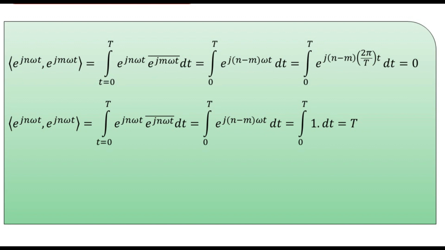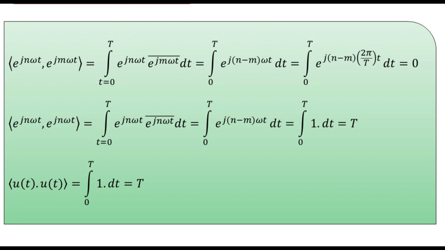So this will become integral 0 to capital T 1 into dt, and this integration will be left with the value capital T, the complete time period here. Next to that, we have the use of the step function. Thereupon it will be the integral 0 to capital T for 1 into dt, leading to the value capital T. So as we are not obtaining in both of these cases the value on the RHS to be 1, the unit value here, we can say that these functions are not satisfying the criteria of orthonormality here.